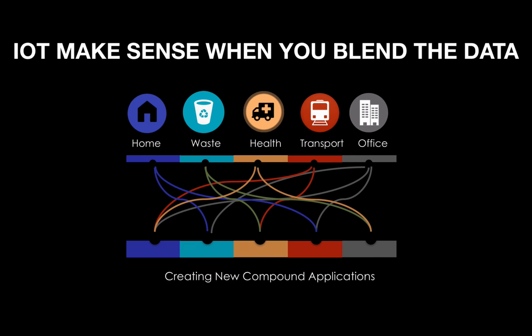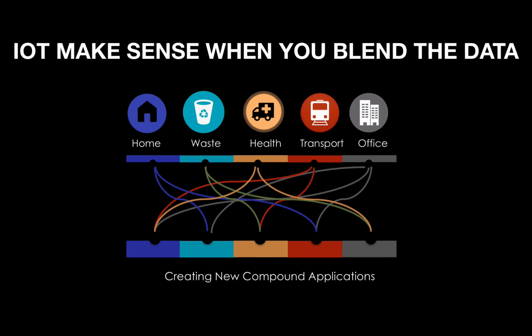And if you look at, for example, home, health and transport, when you aggregate these three sources of data, you have sensors used by an elderly person, so that if the person falls sick or falls down, you might want to alert the hospital and the health authorities, and they might send an ambulance.